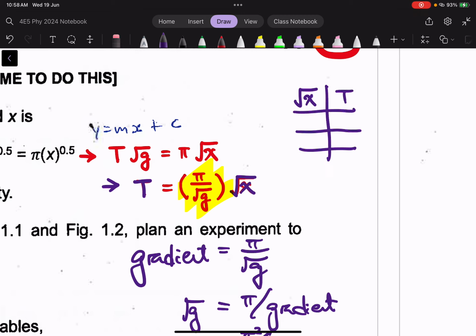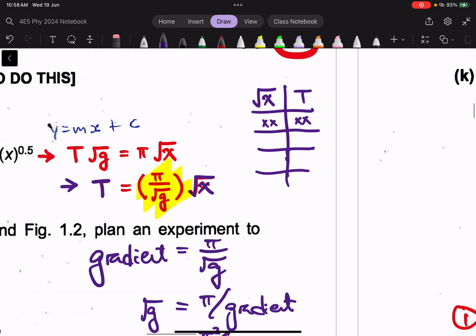When your small l is something, you get some data here, right? And when you get some data here, you plot it on your graph, correct? You get a point. Then after that, you change the small l, you get some data, and this data become a point. And you keep doing this until you have 5 points.